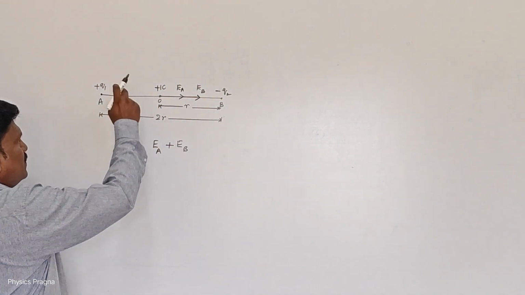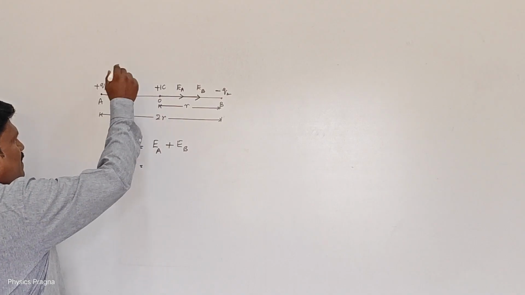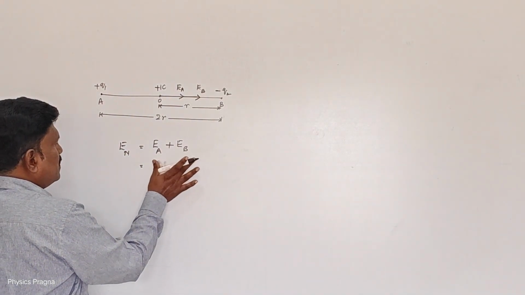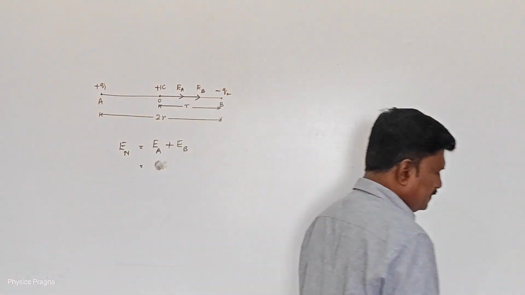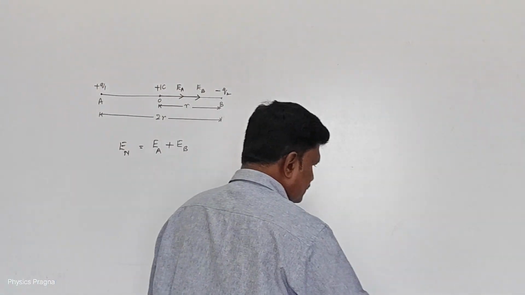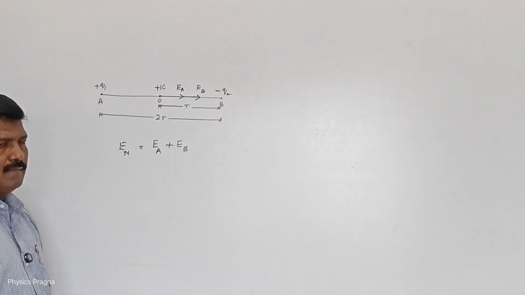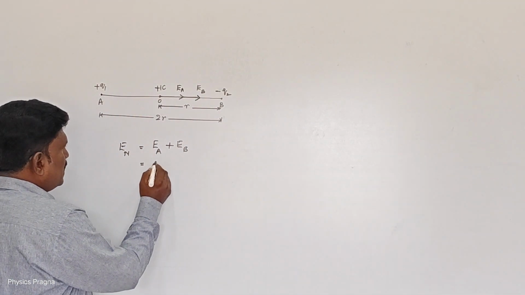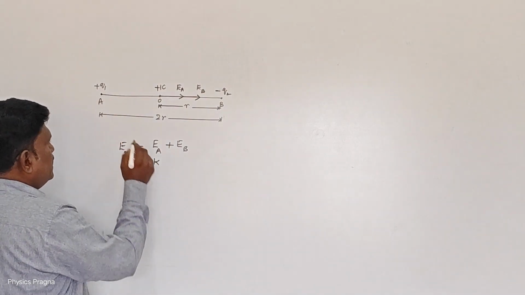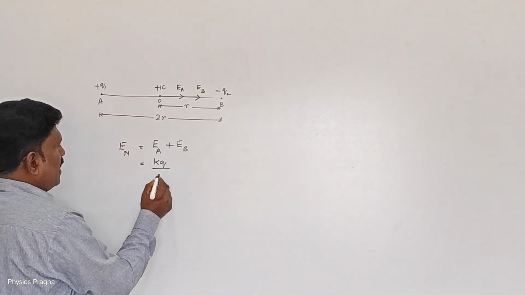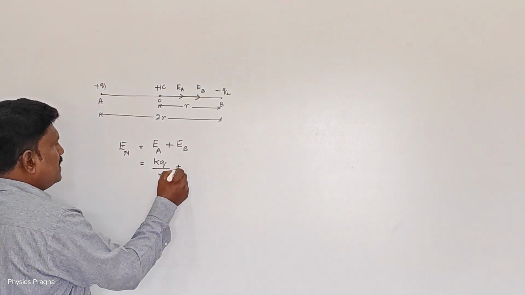So the electric field between them is kQ by r square plus kQ by r square.